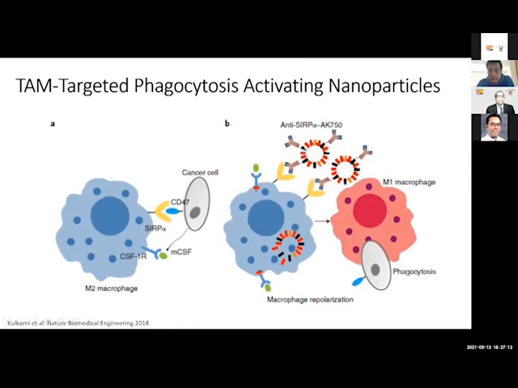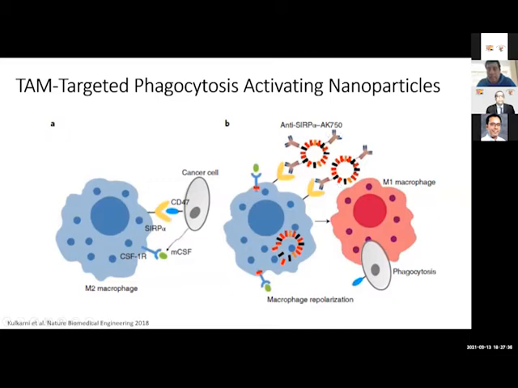So here, this is a type of nanoparticle that is surface modified with an antibody against the SIRP alpha receptor, to block the interaction between CD47 and SIRP alpha, so that we inhibit this anti-phagocytosis pathway and induce phagocytosis of cancer cells by macrophages.